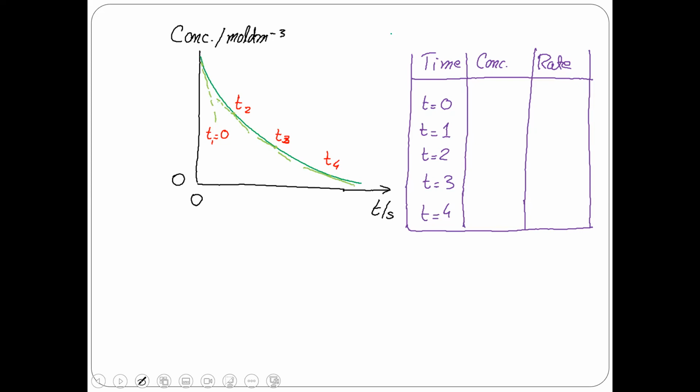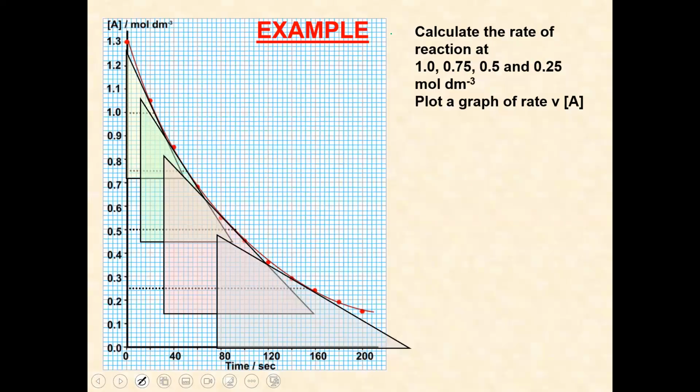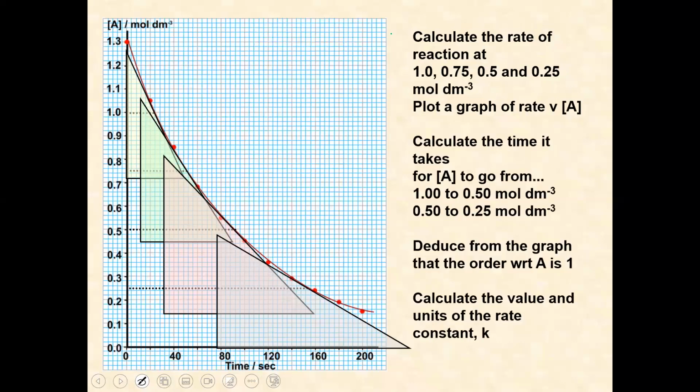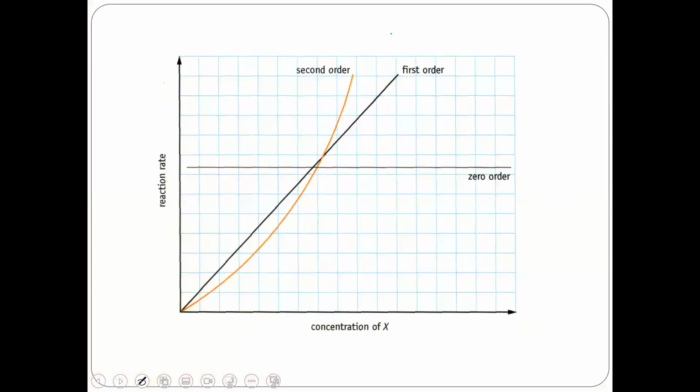I've copied. Good. So we draw one graph and take multiple gradients from here. And from that graph, we will determine the value and the unit of the rate.